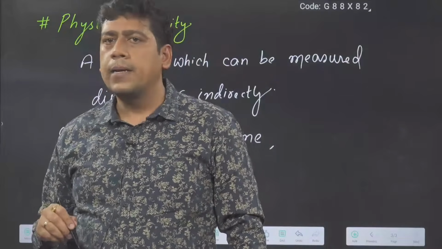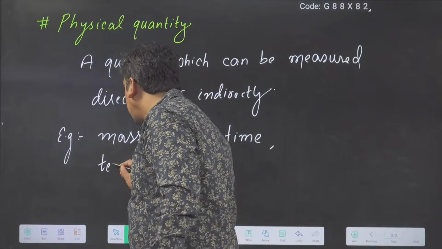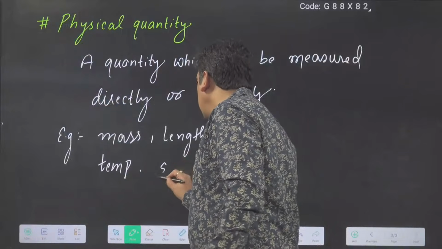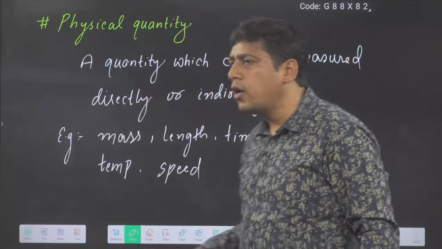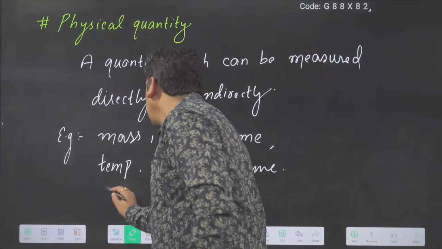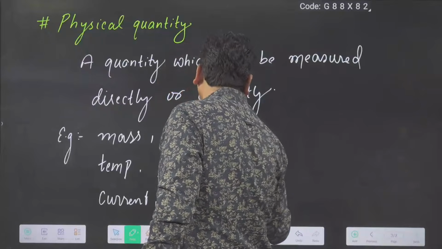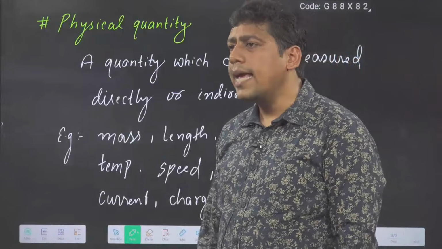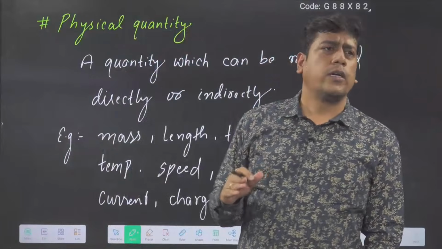Temperature, speed, height, intensity of light, volume, current, charge, area, density, voltage. There are hundreds, thousands of physical quantities.